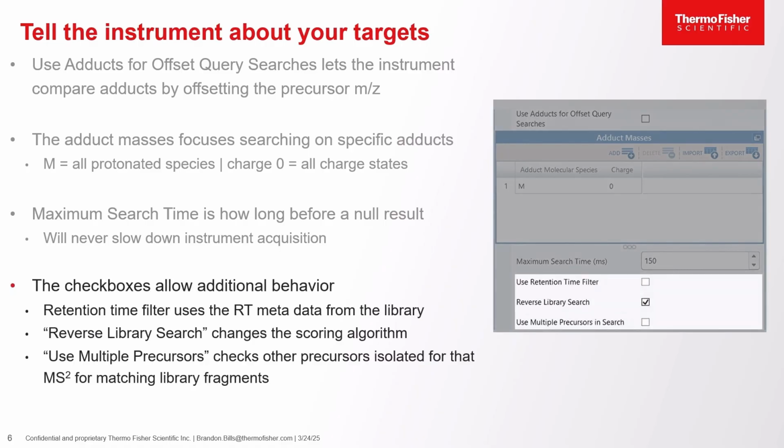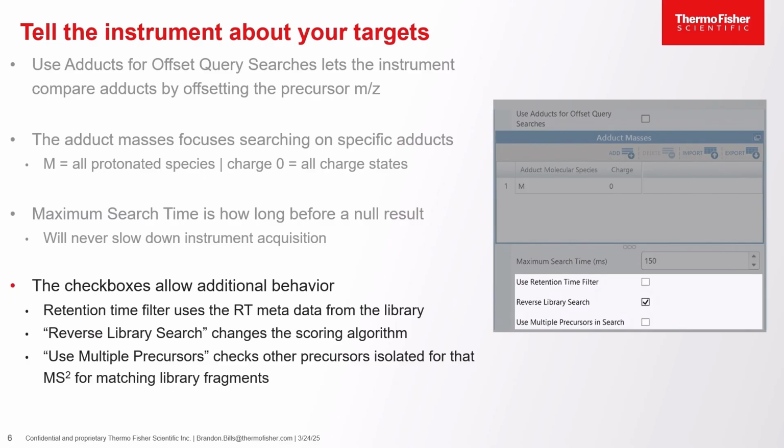The checkbox at the bottom allows some additional behavior. The retention time filter lets you tell the instrument to check the retention time metadata field in your library and use that as another criteria for what is a valid comparison. Reverse library search changes the scoring algorithm, and we'll talk more about what is forward, bidirectional, and reverse library searching in a later slide.